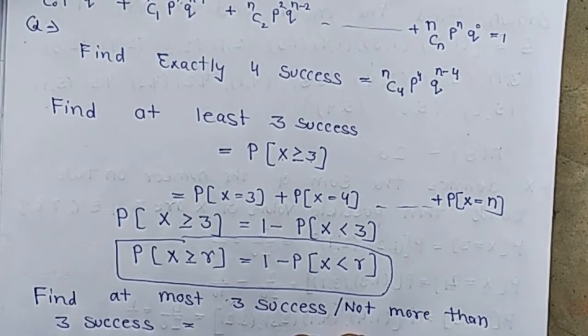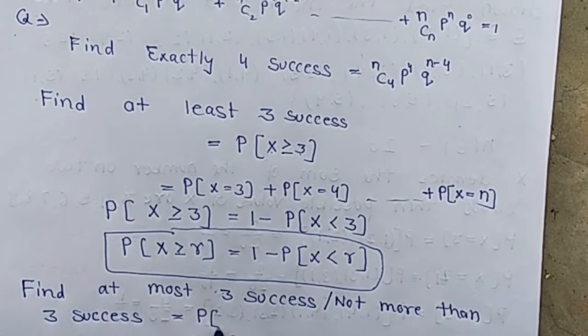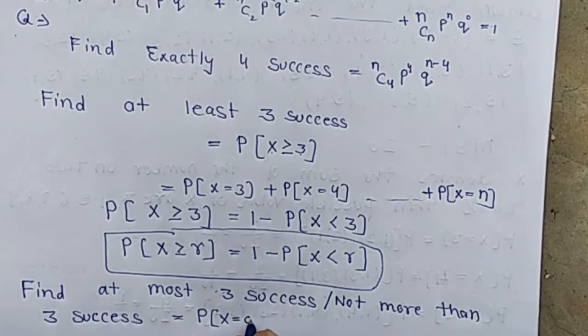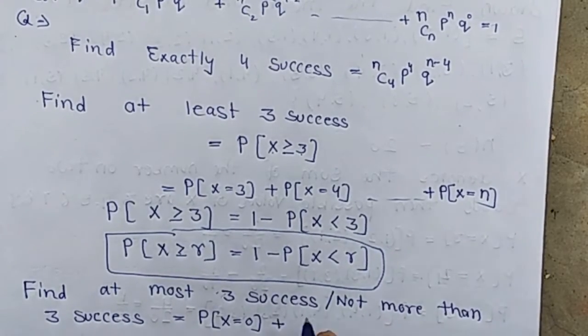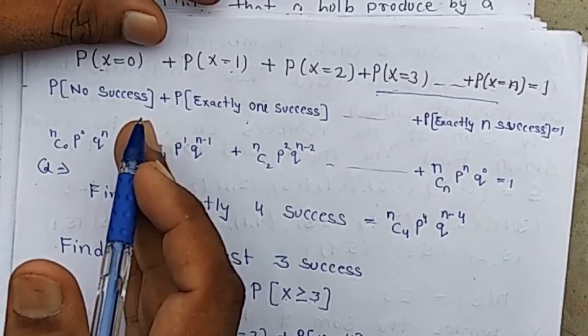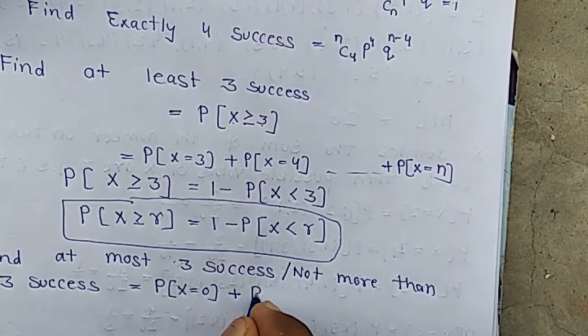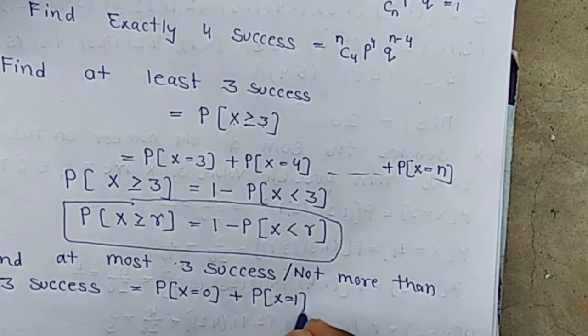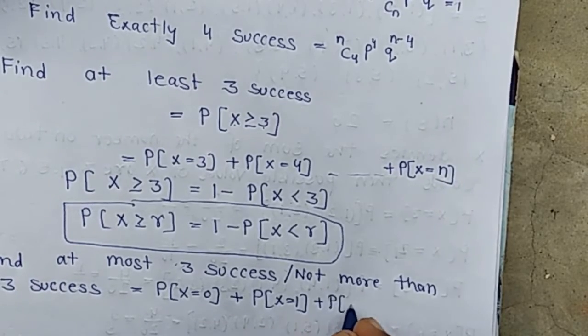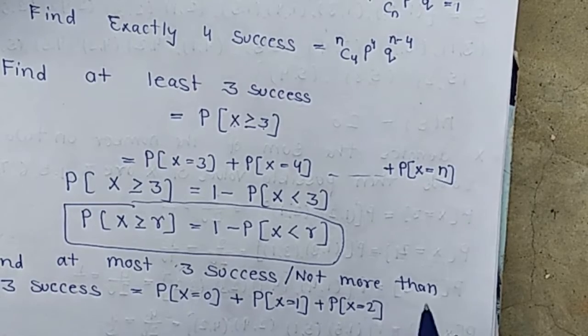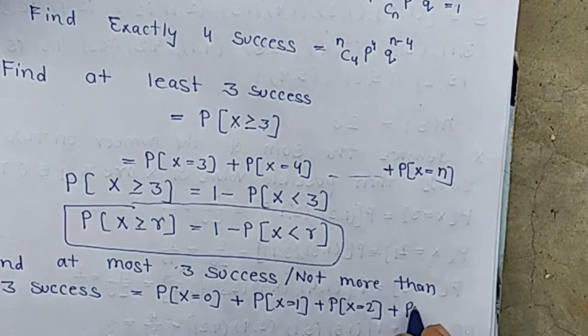At most 3 success means the value of x is written up to x equal 3, meaning no success, 1 success, 2 success and 3 success.